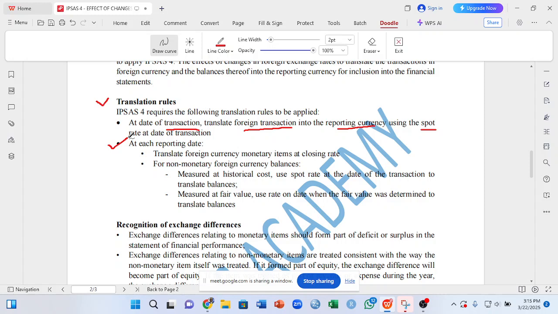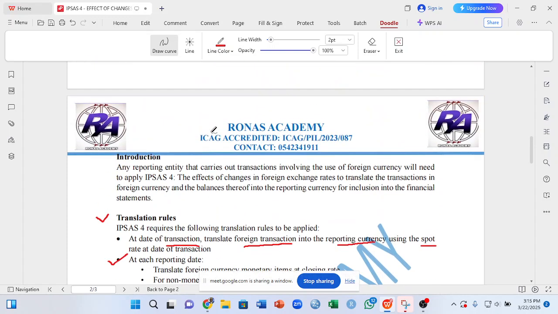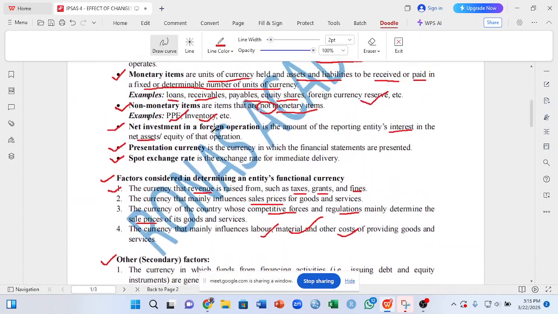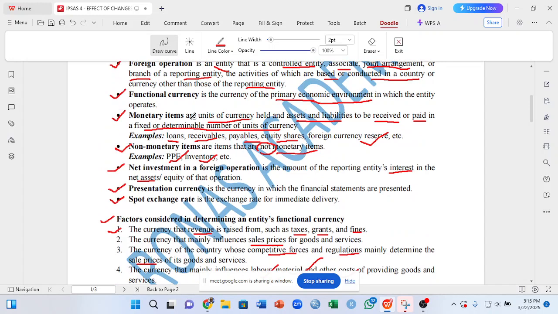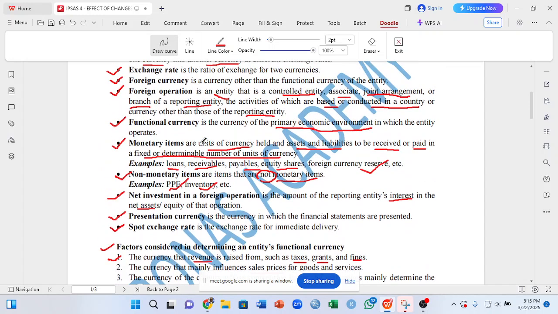So let's go back and look at monetary and non-monetary. Now, monetary items, if you clearly remember, we said they are units of currencies in which the amounts are fixed or determinable. You know the amount of money you are going to receive from them in respect of an asset, or pay in respect of liabilities.